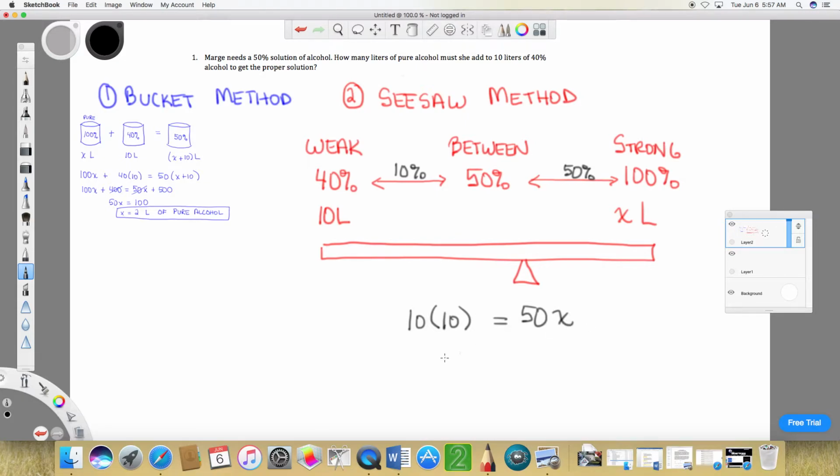I need to solve for x. 10 times 10 is 100, and 50 times 2 is 100, or divide each side by 50, and then you get x is equal to 2. Now remember, the x was in liters, and it was of the stronger solution, the pure alcohol, which is the same answer that we got before.